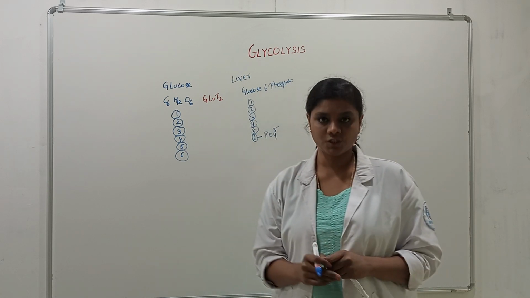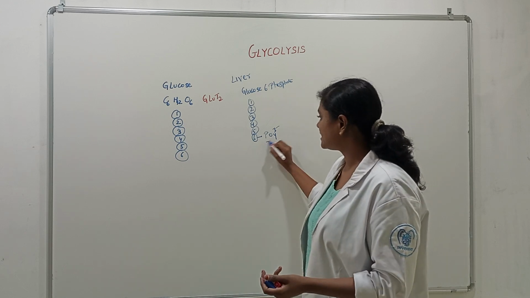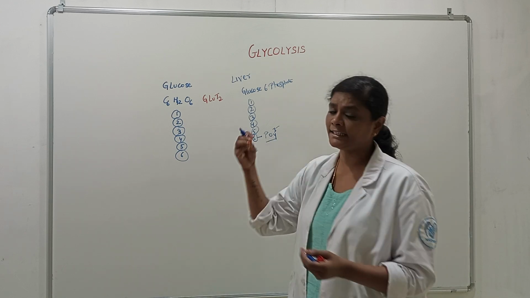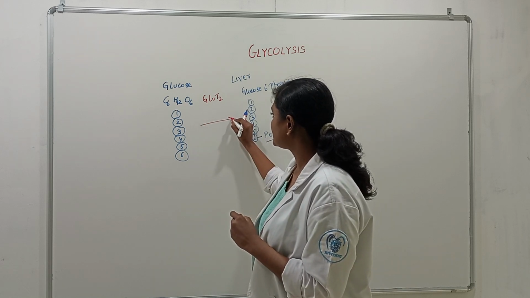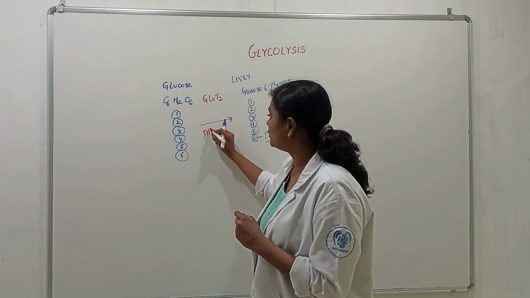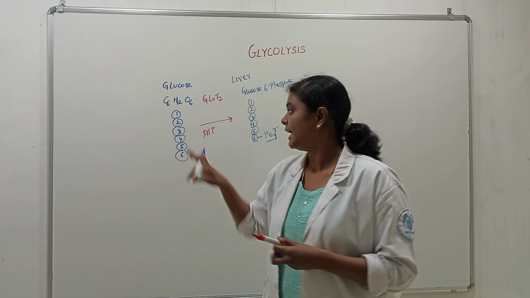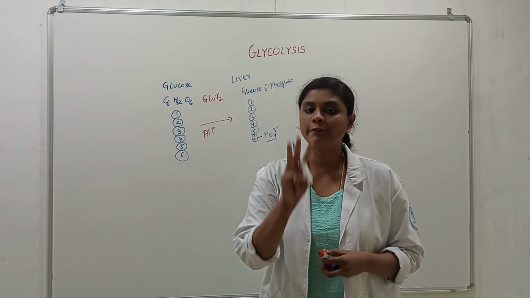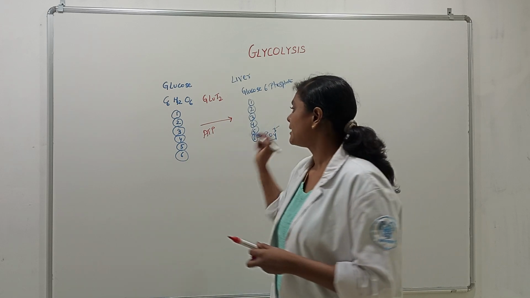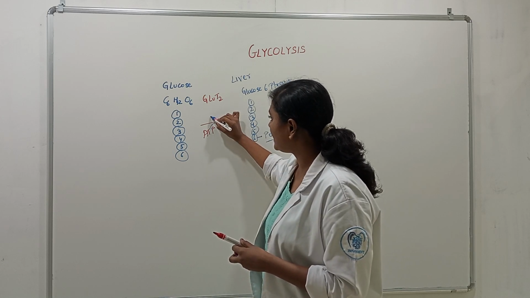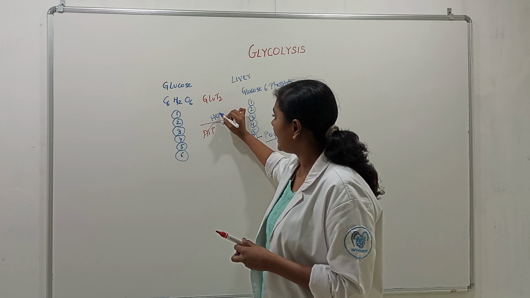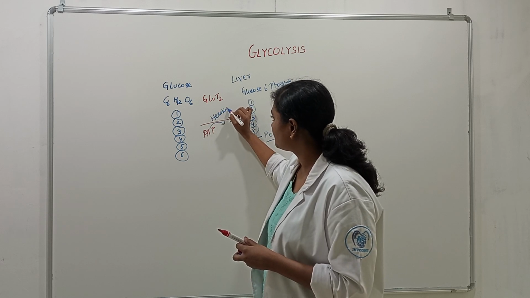Okay, now my second question is, where does this phosphate group come from and attach to the carbon? There is something known as ATP, adenosine triphosphate. ATP constitutes 3 phosphate groups within it. So ATP is acted upon by an enzyme called hexokinase.